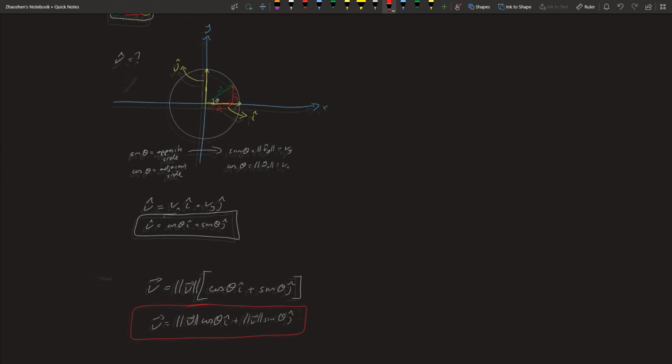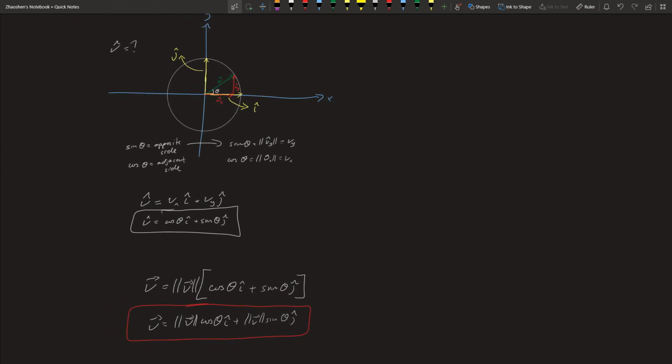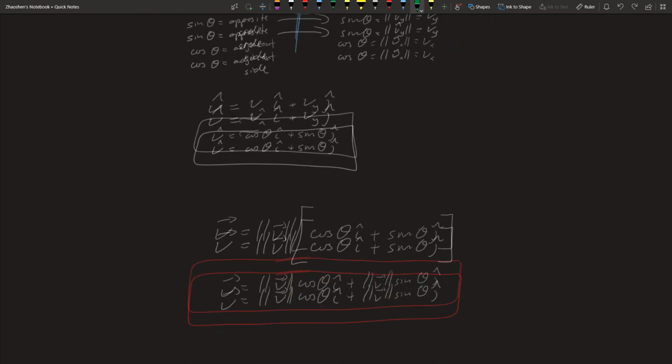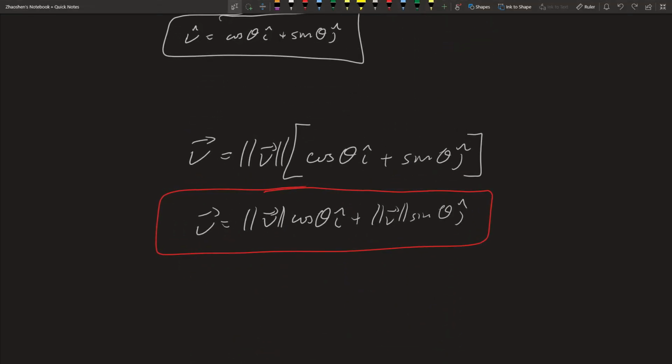Let's see. You want to create a vector that doesn't have to be a unit vector, okay? By splitting it into two separate vectors. You have this vector and you have this vector right here. Those are vectors because I hat is a vector, right? And j hat is a vector, and those are all scalars. Let me just undo all of it right here. So that means this vector is constructed by the sum of two other vectors. Now, what are those two other vectors?